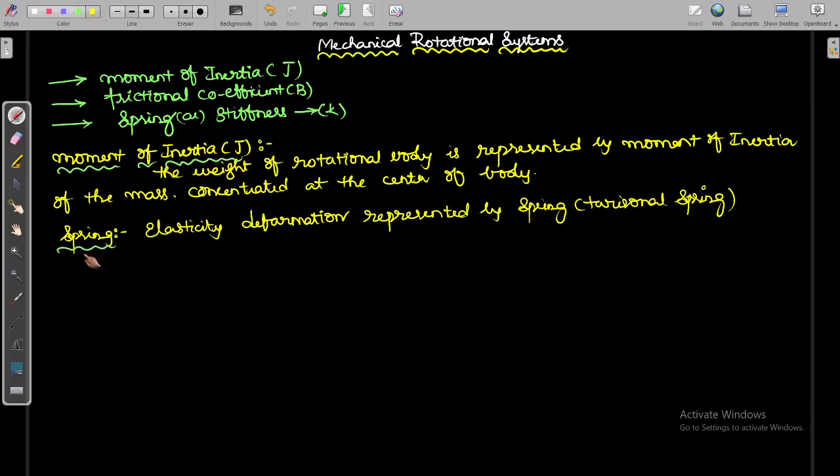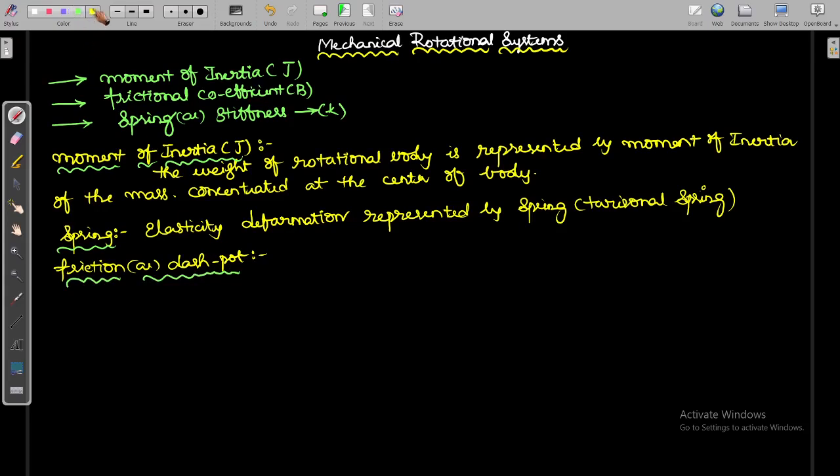Another element is friction or the dashpot. We already know what the dashpot is. It has a piston inside a cylindrical structure which has viscous fluid inside.